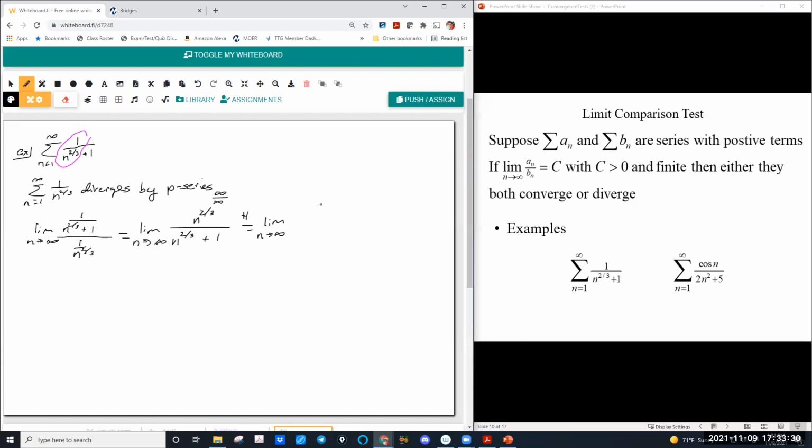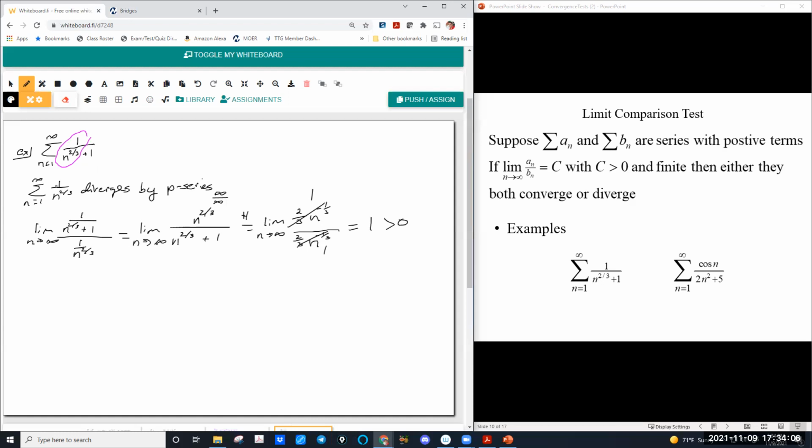The derivative of the numerator is 2/3 n to the minus 1/3, over the derivative of the denominator, which is 2/3 n to the minus 1/3, because the derivative of 1 by itself is 0. Notice that I get the exact same thing. So the limit of a constant is just itself, and then we recalculate the limit. This is a non-zero finite number.